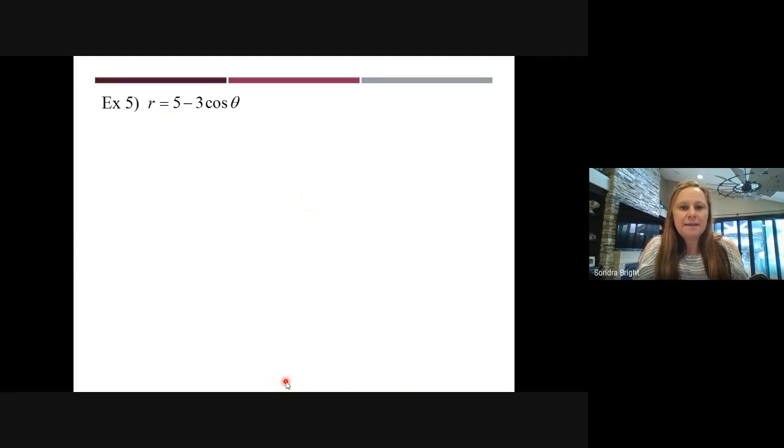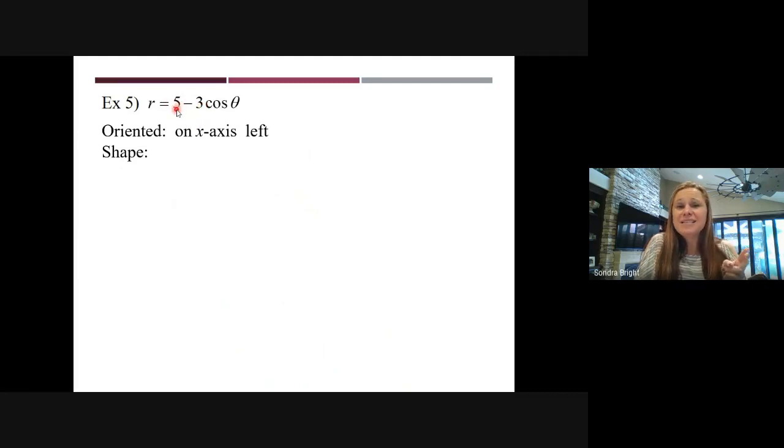All right, this guy. Oriented, I see cosine and a negative, so it's on the x-axis. The largest part is on the x-axis and to the left of the origin. The shape: I've got a 5 and a 3. 5 is bigger than 3, so it's either dented or convex, right?